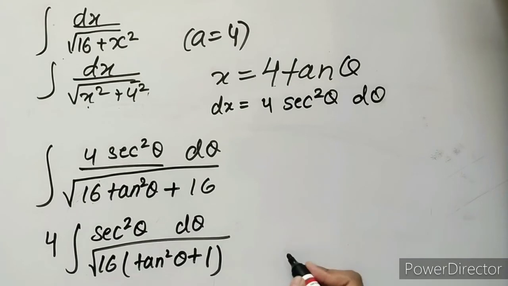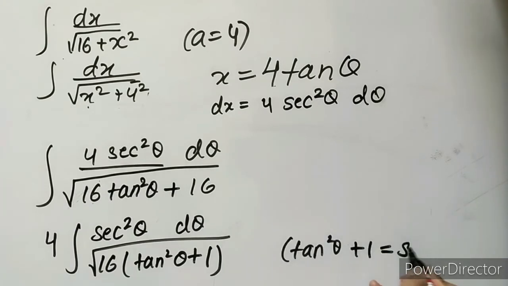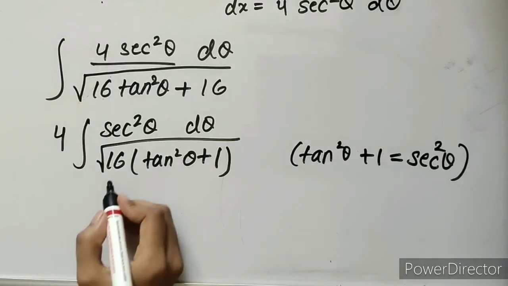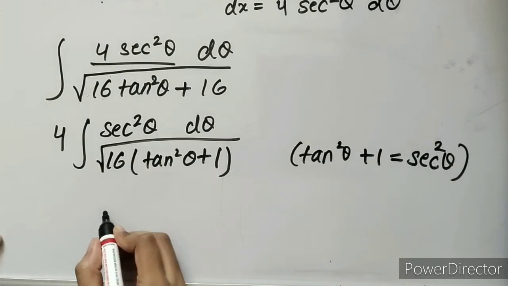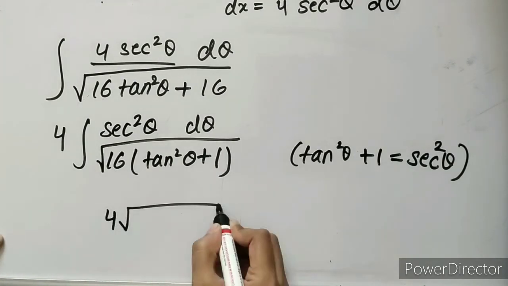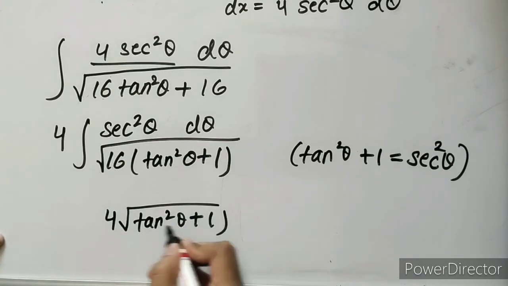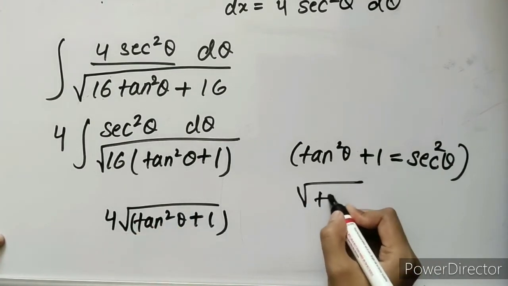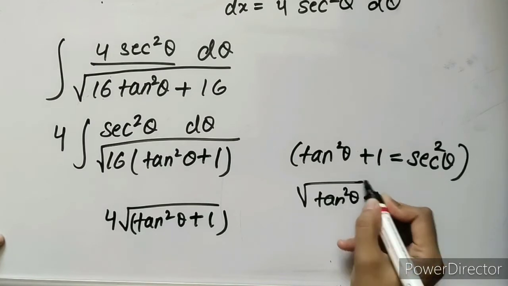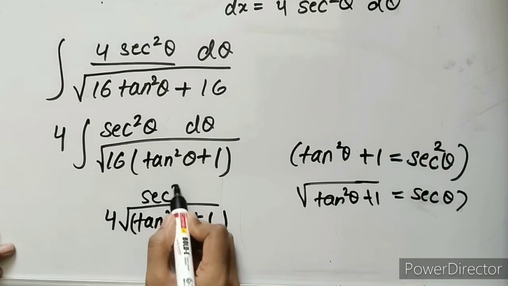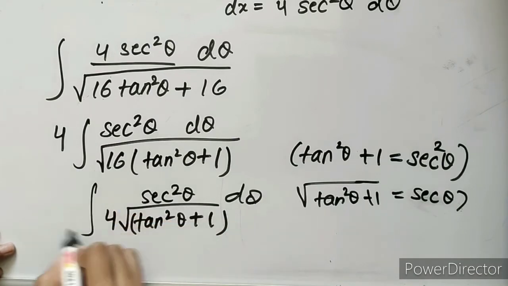As I have said, you have to substitute this tan square theta plus 1 with sec square theta. Now when you take this 16 out of the root, it will be 4, and this will be tan square theta plus 1. So here it will be sec theta, and the rest I am copying as it is.